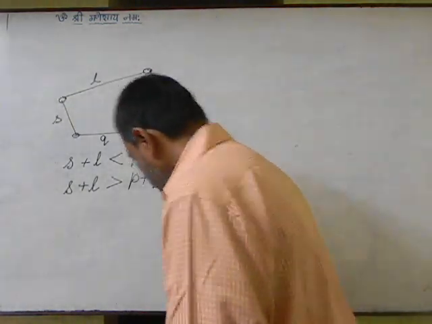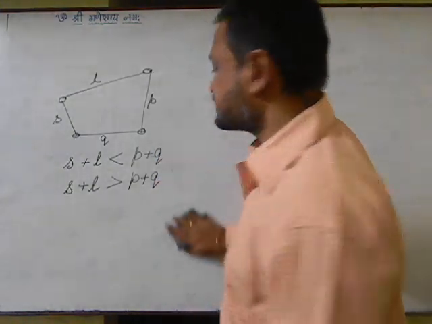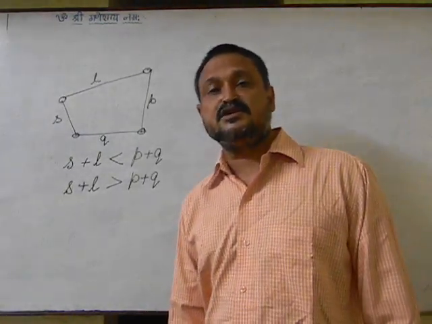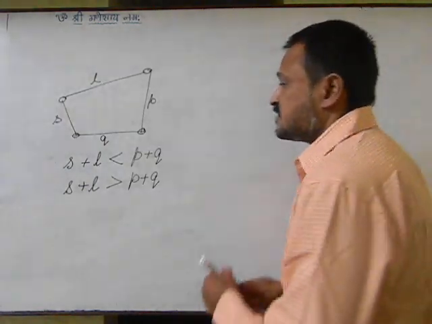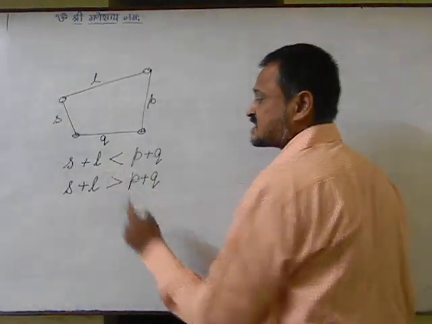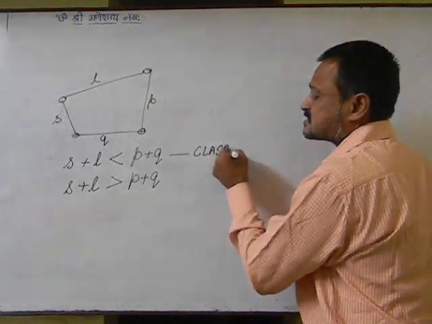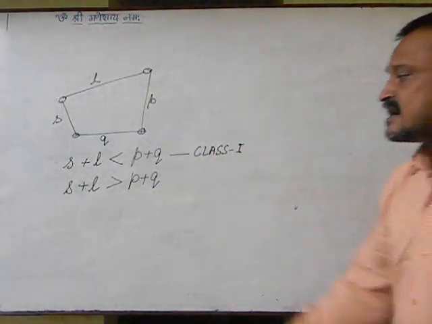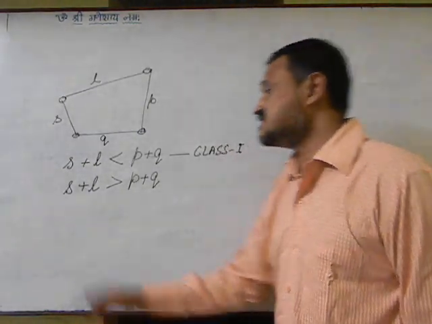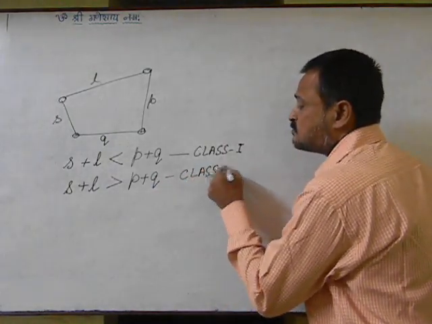With the help of these 2 expressions, we also classify the mechanisms into classes. Such 4-bar chains satisfying this first condition are called class 1 mechanisms. And the mechanisms where this other condition exists in the given kinematic chain are called class 2 mechanisms.